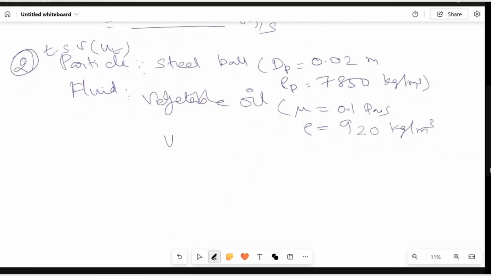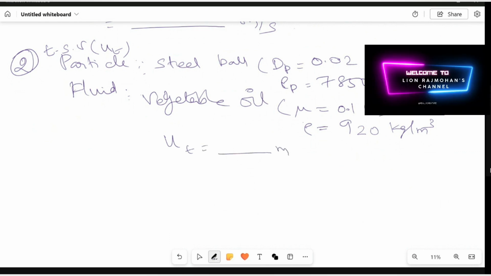Again, we will get the UT value in meter per second. Okay, direct substitution.